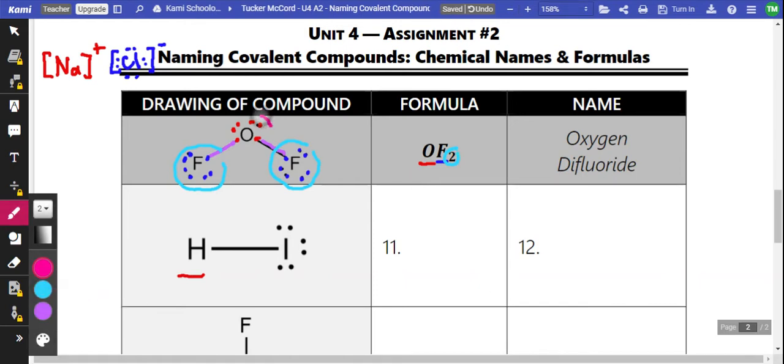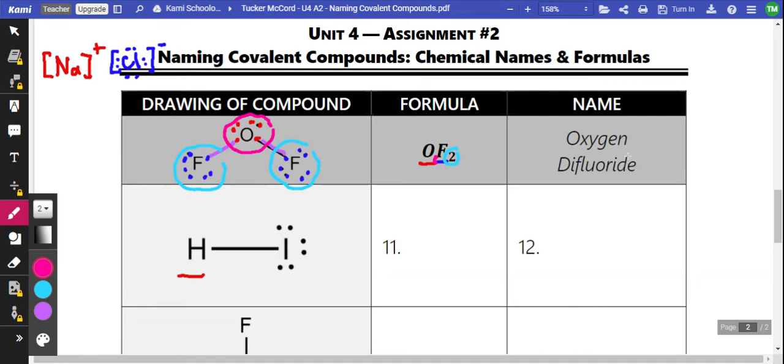And we have 1 oxygen, which we have kind of implied down here. So OF2 is our formula for this compound just by counting the number of atoms of each thing. We have 1 O, we have 2 Fs. I don't care about how many electrons, how many dots they're showing, or how many bonds there are, and what bonds to what. I'm just taking an inventory of what atoms are there. 1 oxygen, 2 fluorines, OF2.